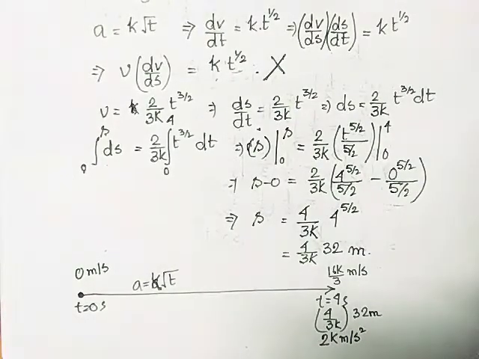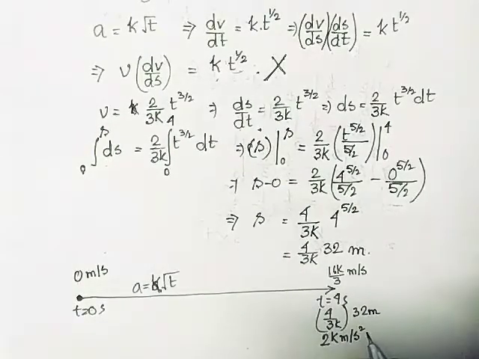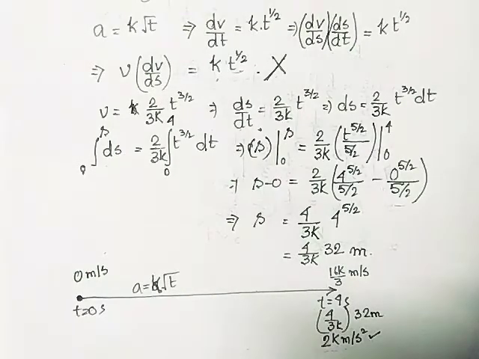But the question may ask why I have not used the equation v equal to u plus at, since we know the acceleration at this point and the initial velocity. Since the acceleration is 2k meter per second square at t equal to 4 seconds is known to me.